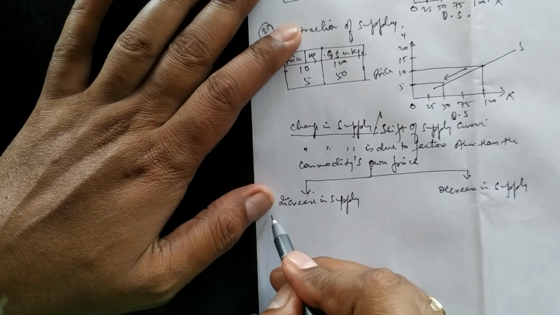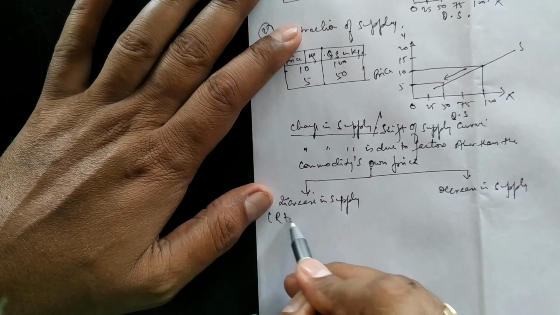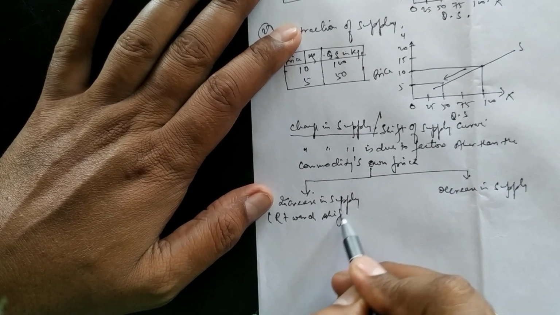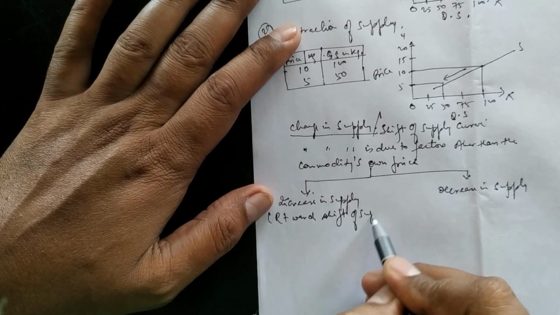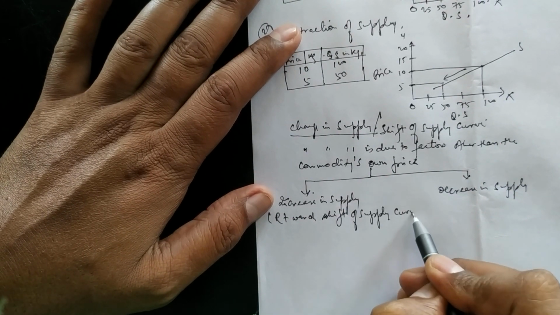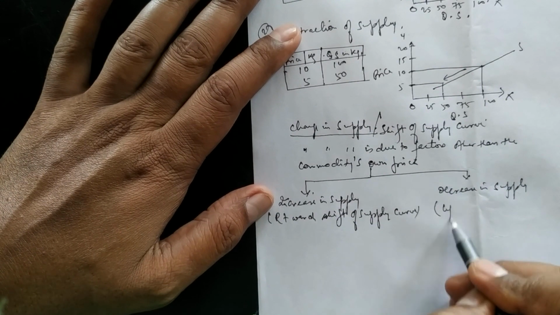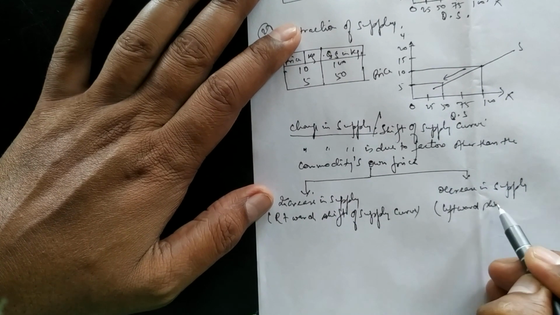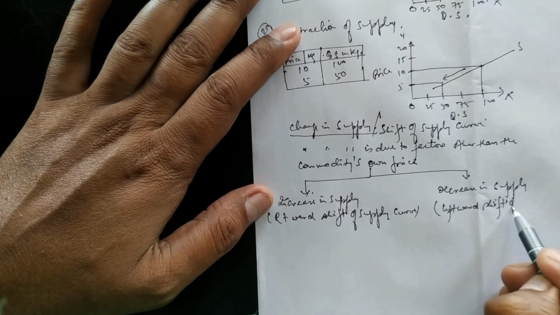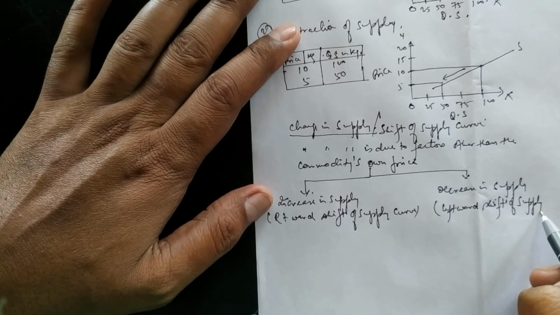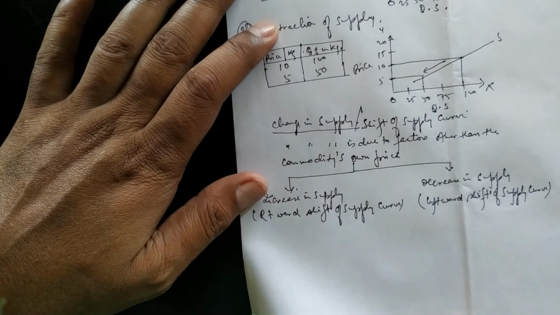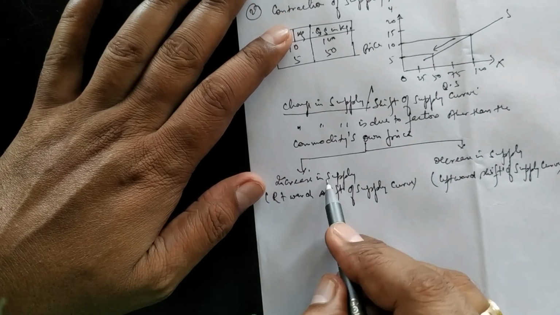Now, increase in supply, every time you will see a rightward shift of the supply curve. This one we will see as a leftward shift of the supply curve. Clear?